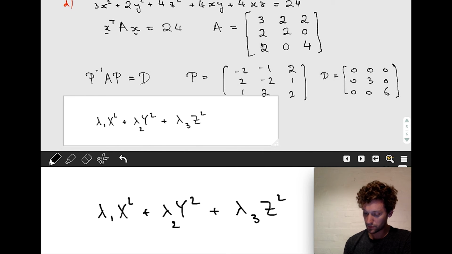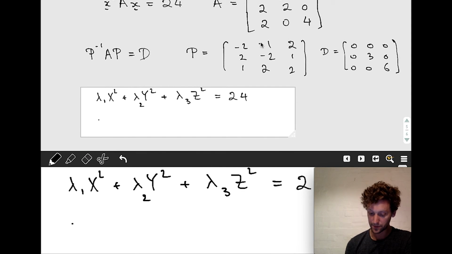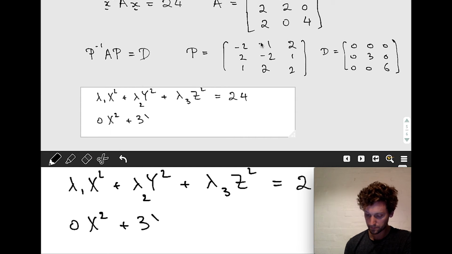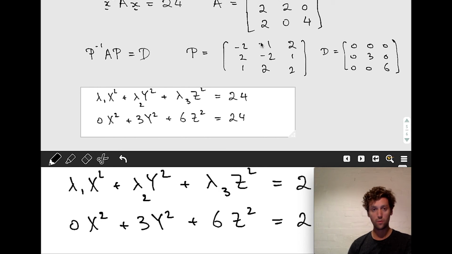And the coefficients multiplying those things are exactly my eigenvalues. And what appears on the right-hand side is the same right-hand side as we've always had. It equals 24. That doesn't change by a coordinate transformation.